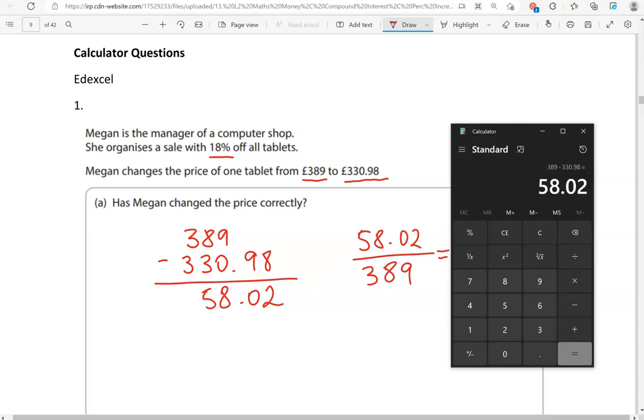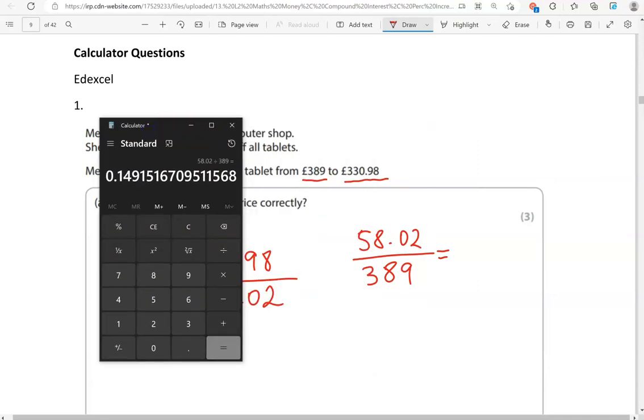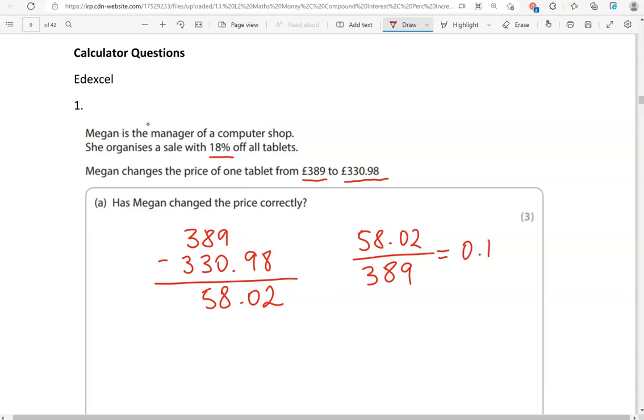So if we use a calculator, 58.02 divided by £389 gives us 0.149, which is 14.9%.